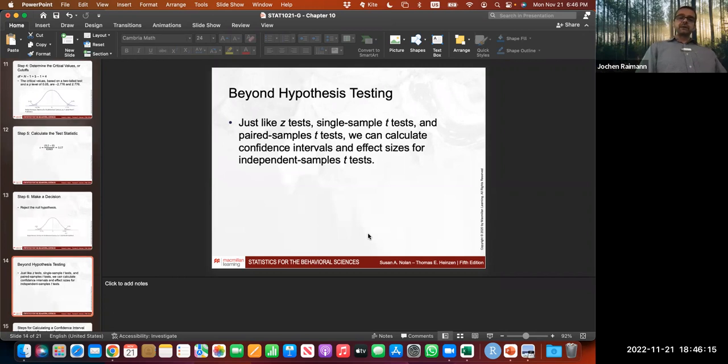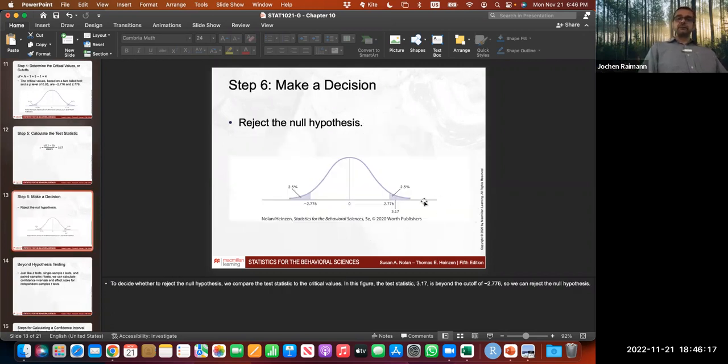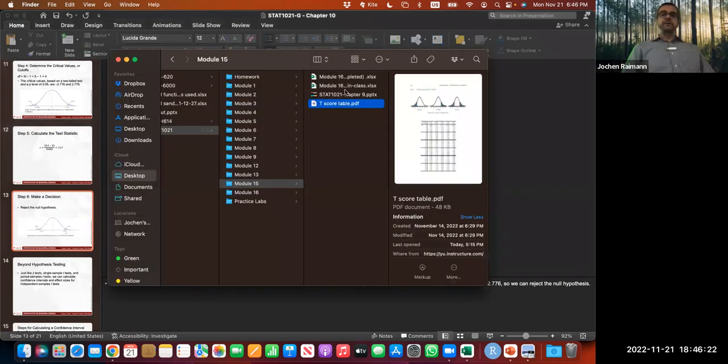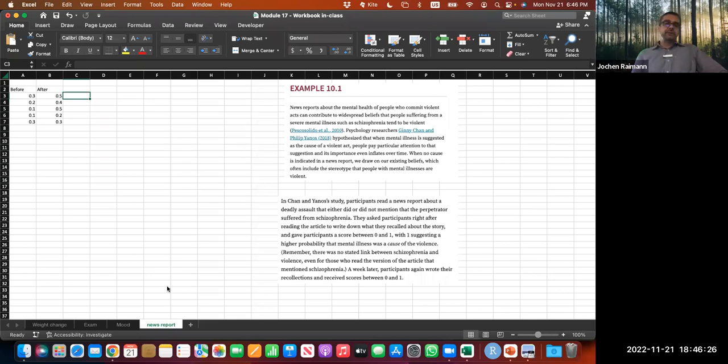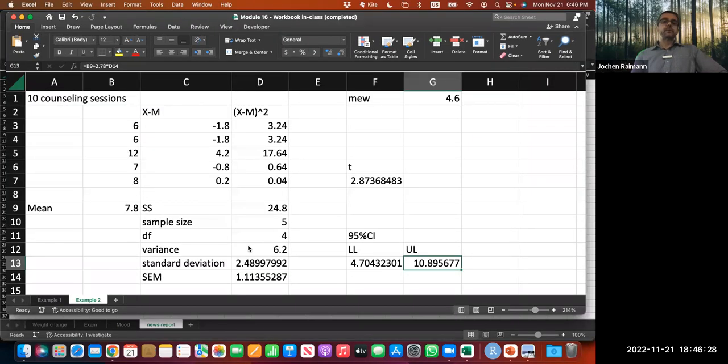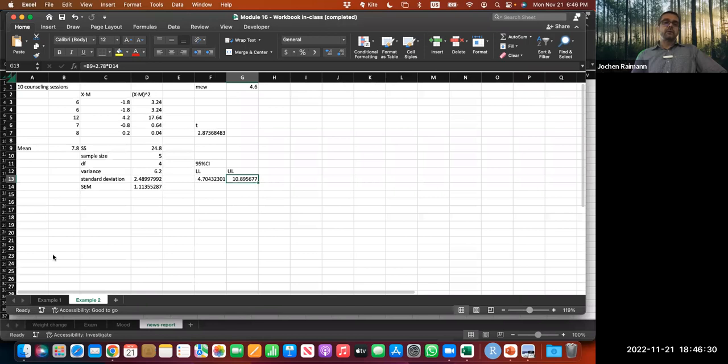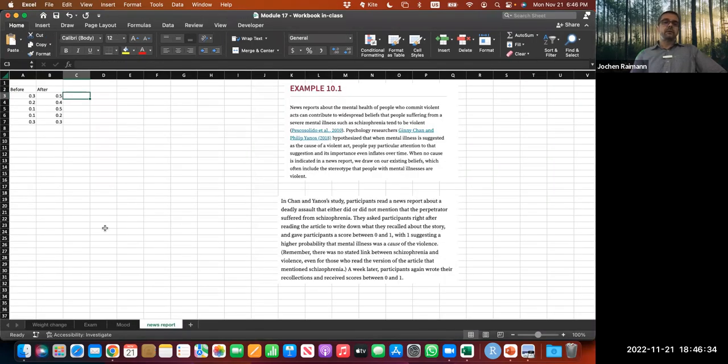In the calculation of the 95% confidence interval, I can actually show you that spreadsheet. That is the wrong spreadsheet.